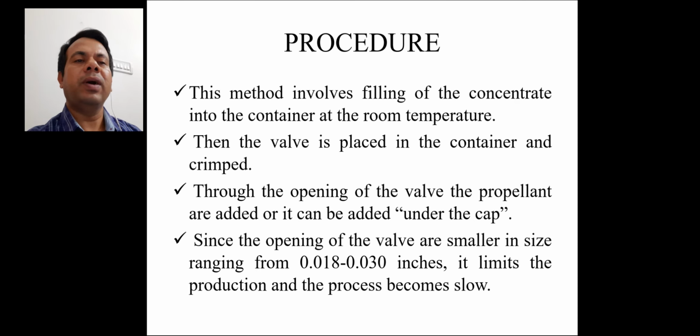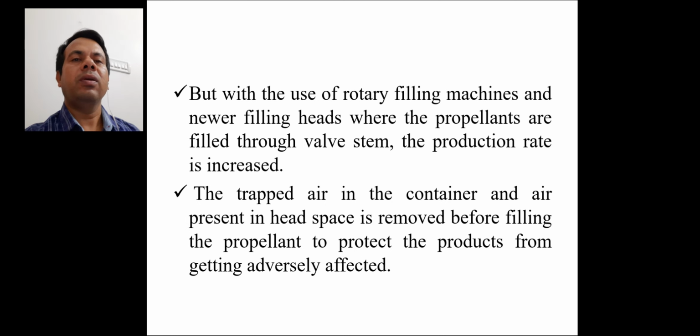Since the opening of the valve is smaller in size, ranging from 0.018 to 0.030 inches, it limits the production and the pressure, and the process becomes slow. But with the use of rotary filling machines and newer filling heads, where the propellants are filled through valve system, the production rate is increased.